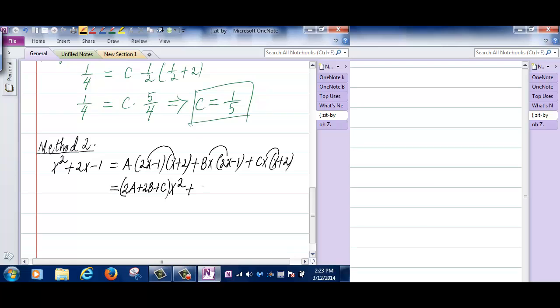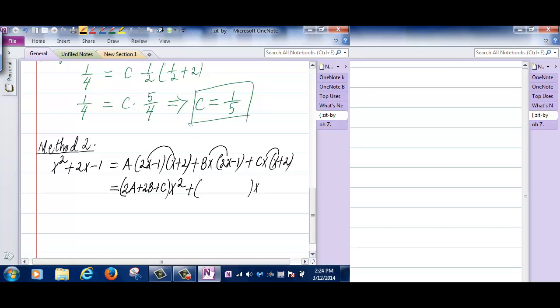Now for the second, I need to figure out what's the coefficient of x. What is the coefficient of x? Let's see. From the first, go back to the first term here and figure out how many ways can you get x there?